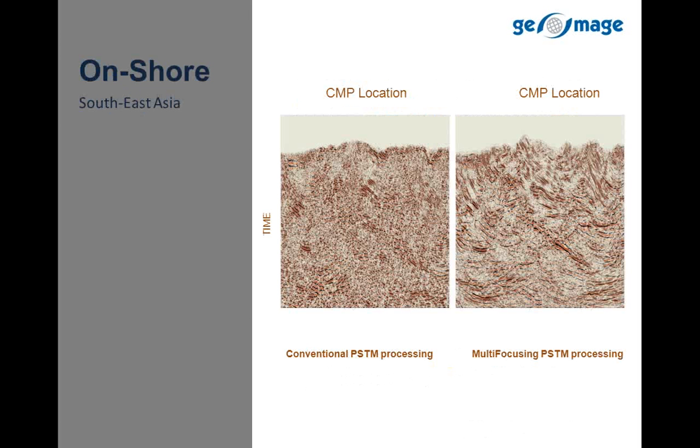sections. You see the left hand side is conventional processing, conventional PSTM, and the right hand side is the multifocusing pre-stack time migration. Where do we have advantage here compared to the conventional?